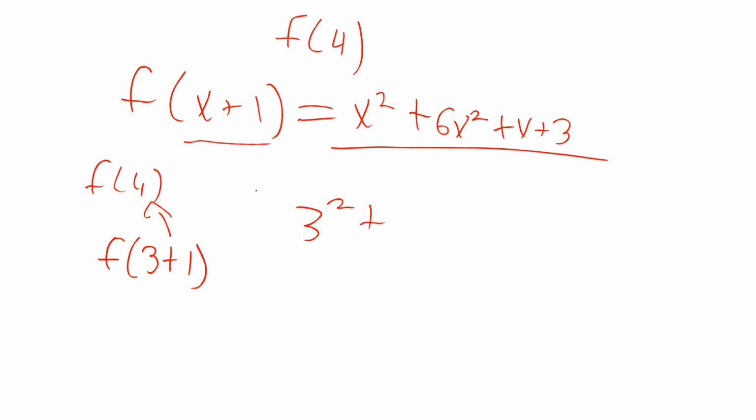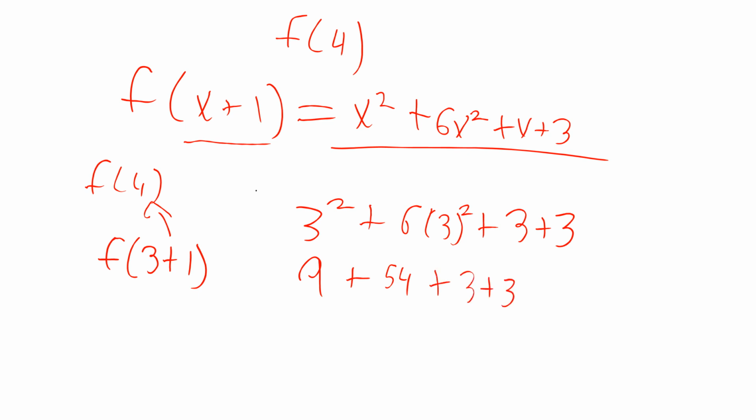3 squared plus 6 times 3 squared plus 3 plus 3. 3 squared is 9. 6 times that is 54. And then we just solve this. 54 plus 9 is 63.